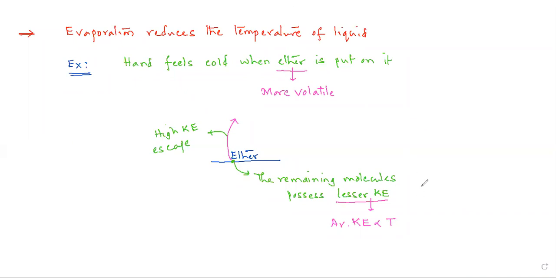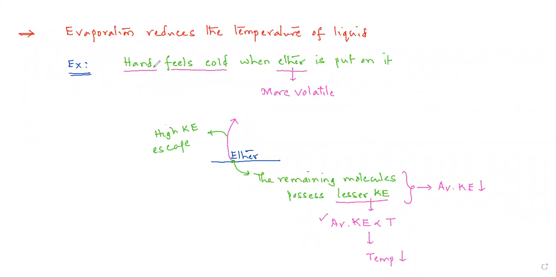When molecules having lesser kinetic energy are left out, the overall average kinetic energy of the molecules decreases. And we also know that the average kinetic energy is directly proportional to temperature. So therefore, temperature also decreases. That is the reason why hand feels cold when ether is put on it.